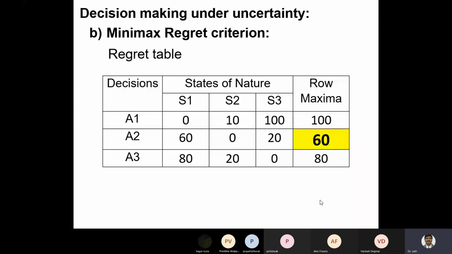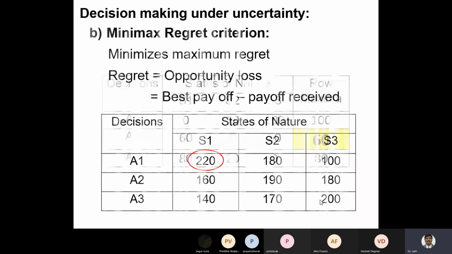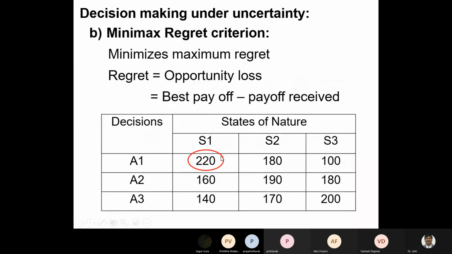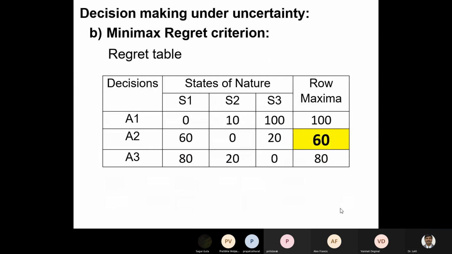Like here, in the first column, the maximum or best payoff is 220, so we'll consider this 220 as the benchmark score for this column. Similarly, the benchmark score for the second column is 190 and for the third column is 200. With the help of these benchmark scores, we'll calculate regrets for each cell in that particular column.